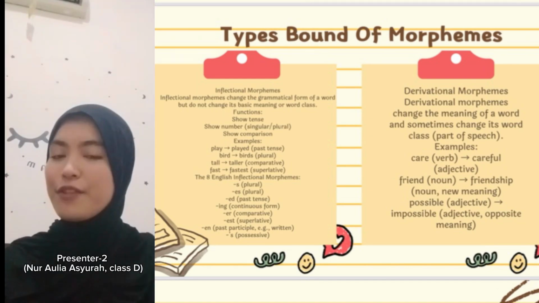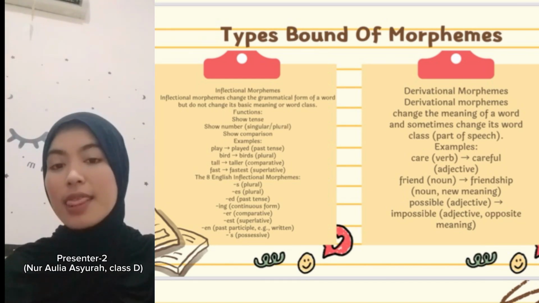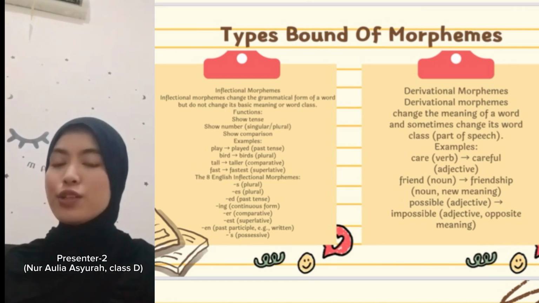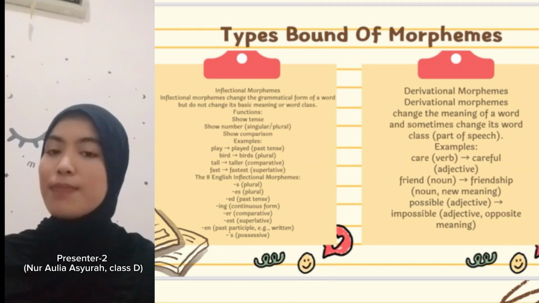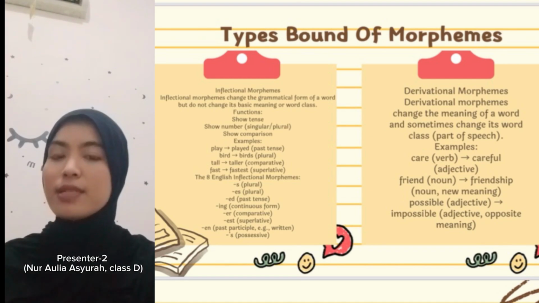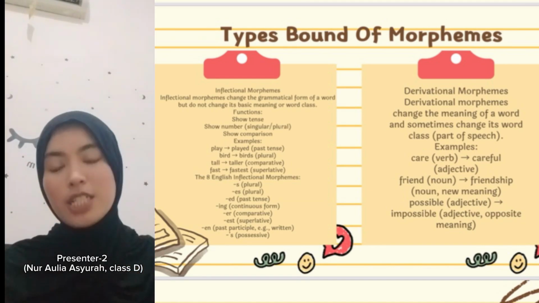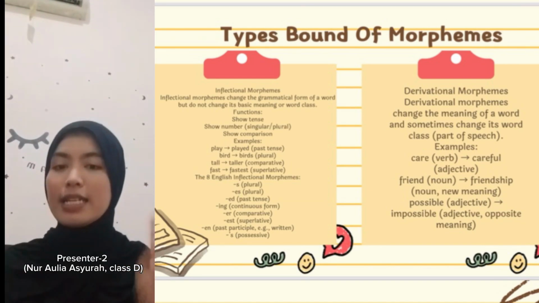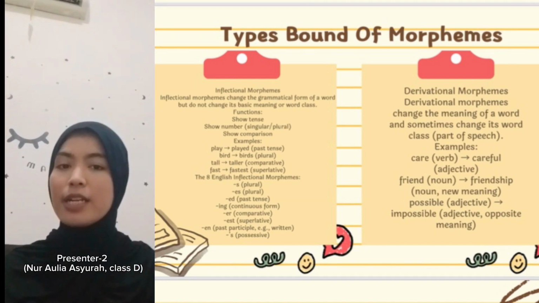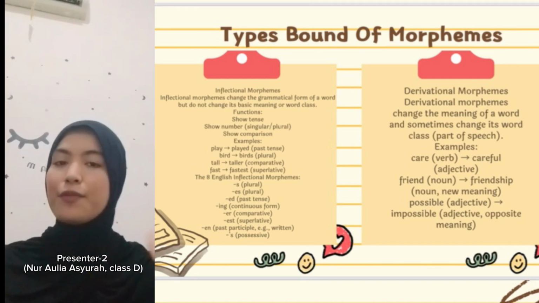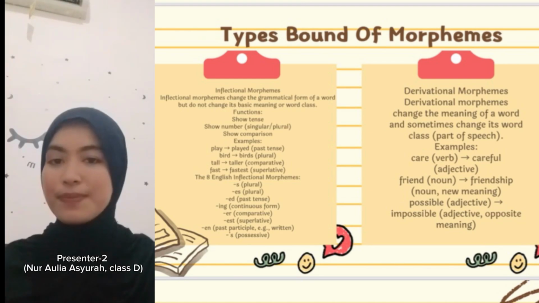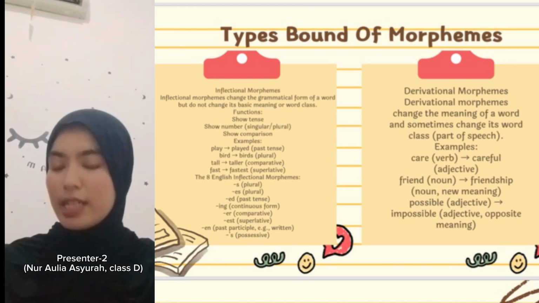Next is derivational morphemes. Derivational morphemes are used to create new words by changing the meaning and sometimes the word class. These are more complex because they can, first, change the meaning of a word, and second, change its part of speech, such as noun, verb, adjective, and adverb. Example: happy is an adjective, and happiness is a noun.